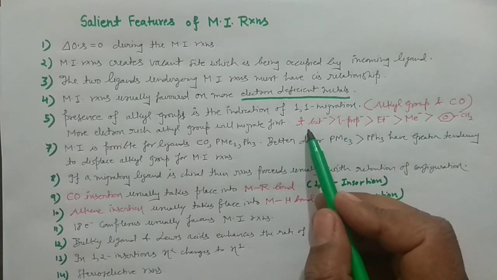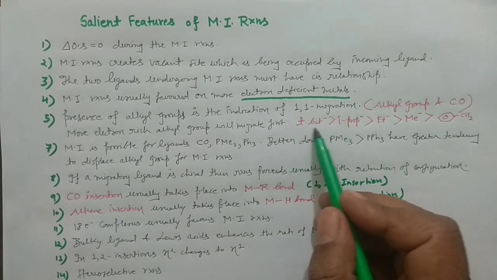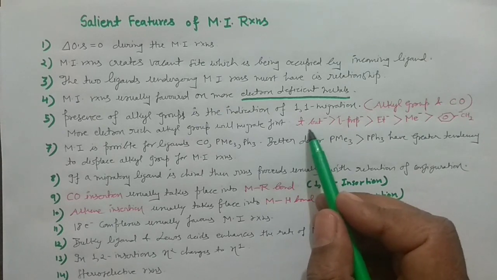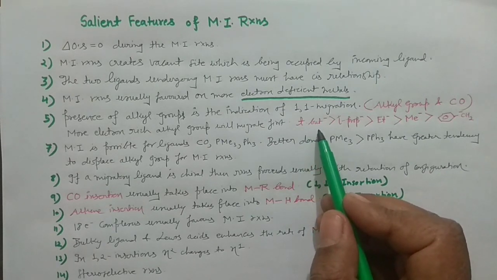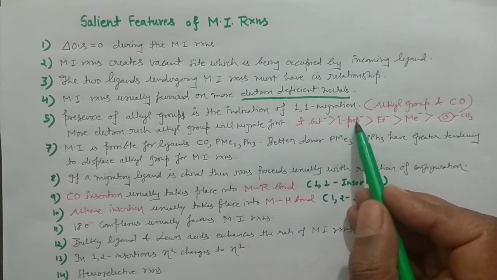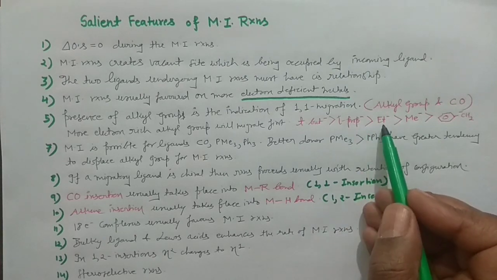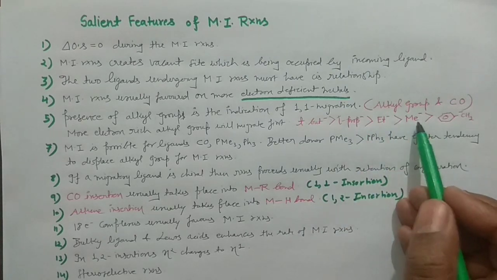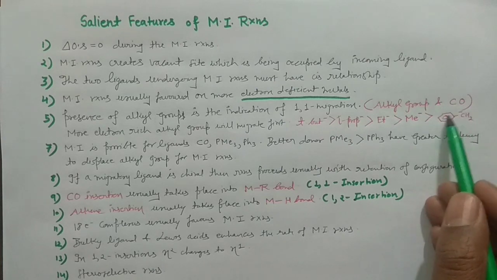Tertiary butyl is bulky and more nucleophilic, having more electron density due to the plus I effect of the three alkyl groups. This comes from the basics of organic chemistry, and I hope you are aware of basic organic chemistry. Then comes the three-carbon species, isopropyl group. Then the second, ethyl, then methyl, and finally benzyl.